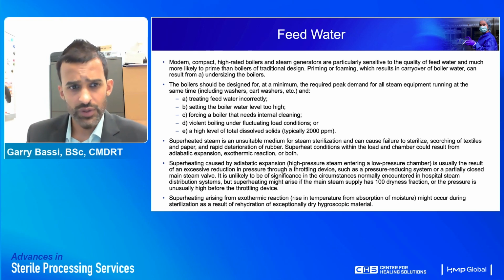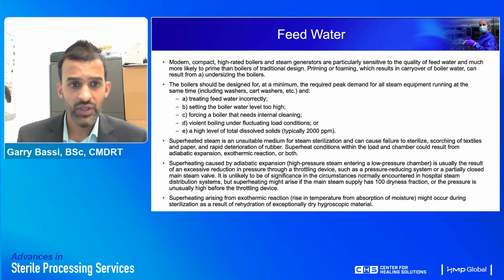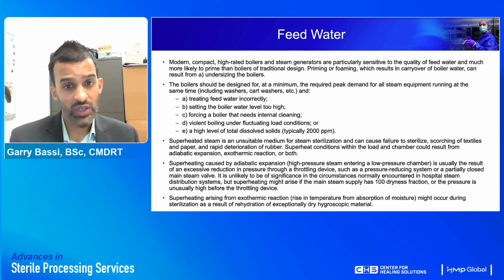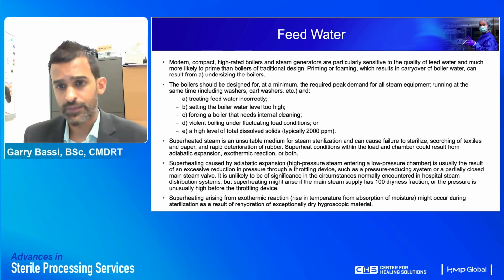Treating the feed water incorrectly would be a big problem because you're going to have a lot of additives added to your steam and other issues I talked about, minerals entering your steam. So setting the boiler water level too high, forcing a boiler that needs internal cleaning, violent boiler operation under fluctuating load conditions, and a high level of total dissolved solids.